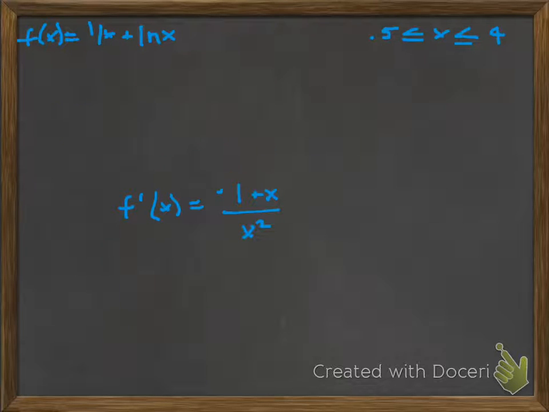Alright, so for step 2, what we want to do is we want to find the derivative when it is equal to 0. So step 2, I'm just going to rewrite our derivative up here, negative 1 plus x over x squared equals 0. And what we want to do here is we want to solve for x.